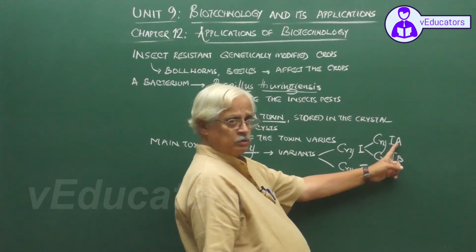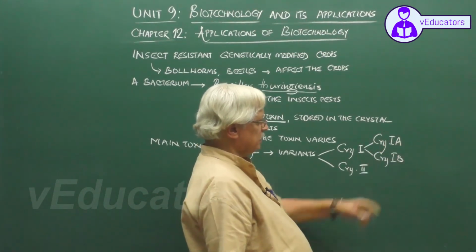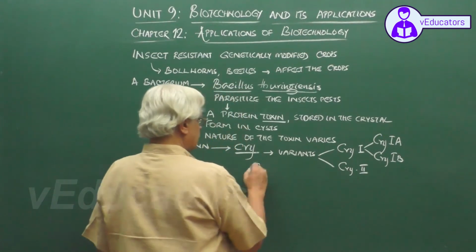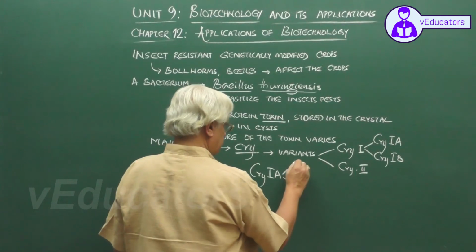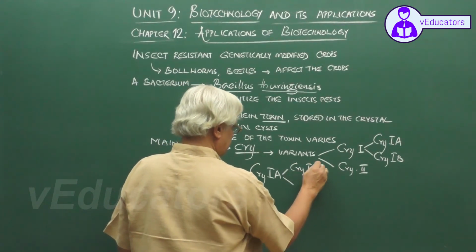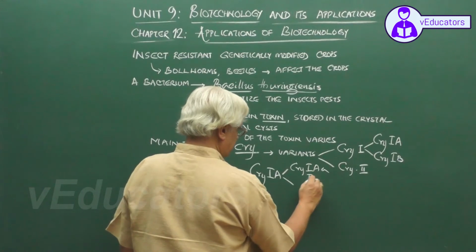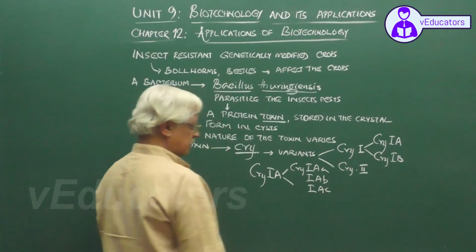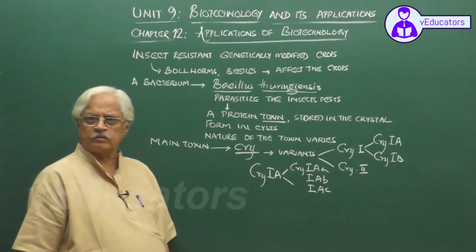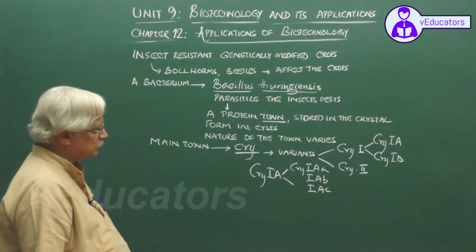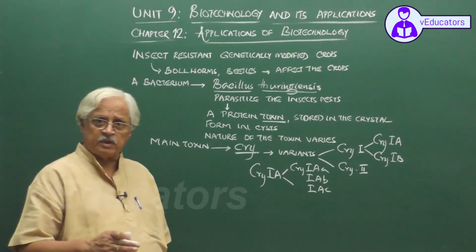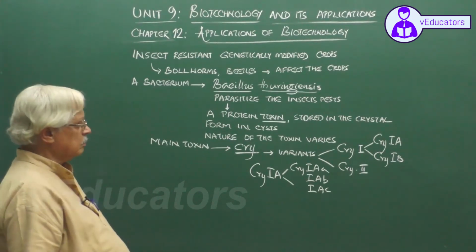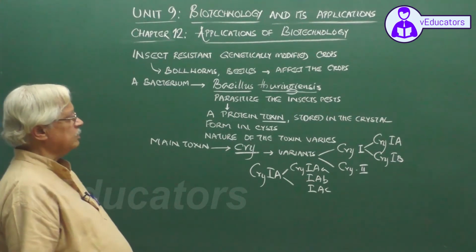Further variation may be found within Cry 1A when it is designated as, for example, Cry 1A may have Cry 1AA, Cry 1AB, Cry 1AC, and so on. Each of them is specific to a particular species of insect.